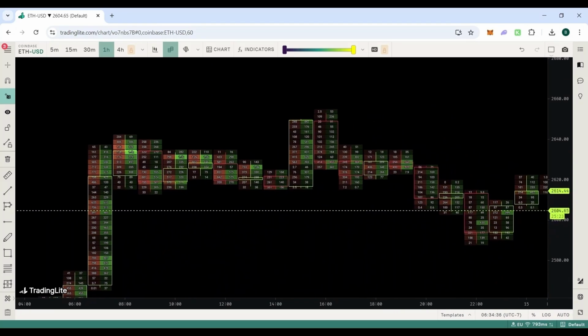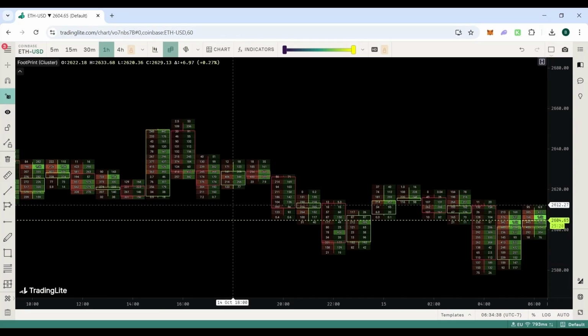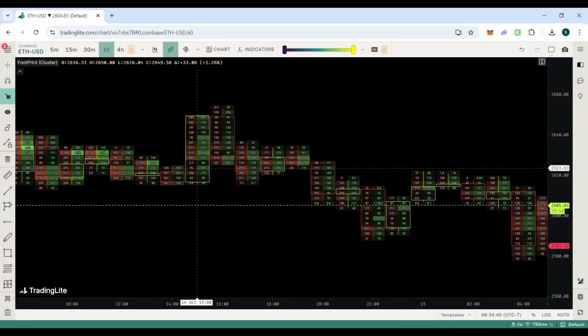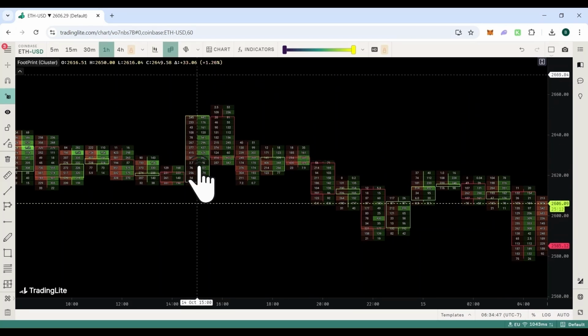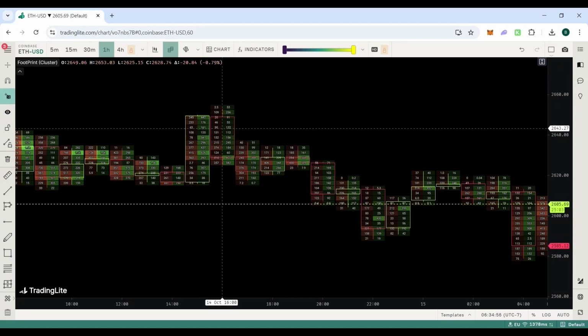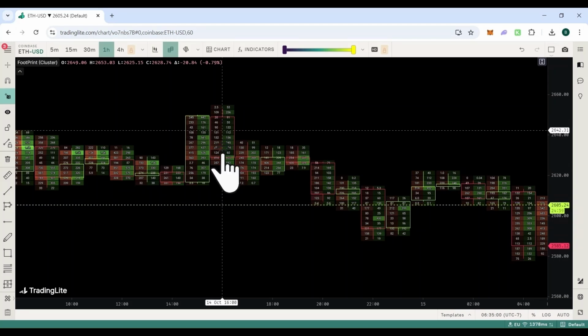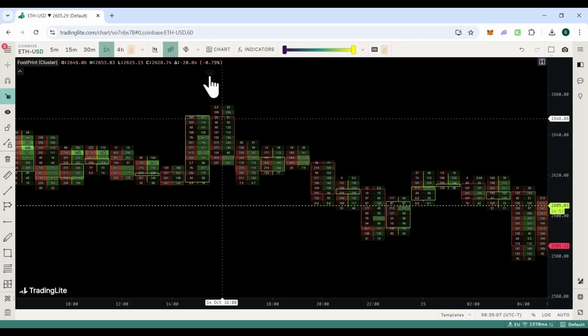So if you take a look at this, this is a chart of Ethereum USD. Okay, once you hover your mouse around here, like this long candle, you can see the delta is plus 33.06. All right, but the next candle is a bear candle, and you can see that this red candle right here, the delta is actually minus 20.84.